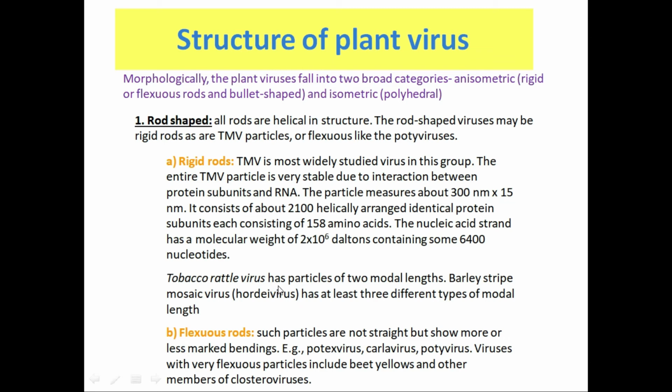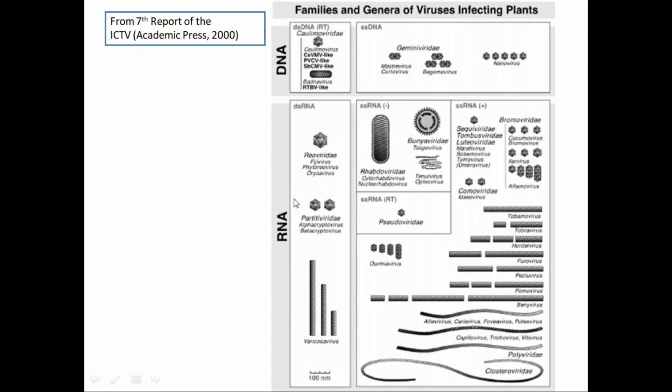Tobacco rattle virus is also a rigid rod, but it has two particles. Okay. Barley stripe mosaic virus belonging to the Hordeivirus group has at least three different types of particles. Okay. So rigid rods may be a single particle or may be many particles.